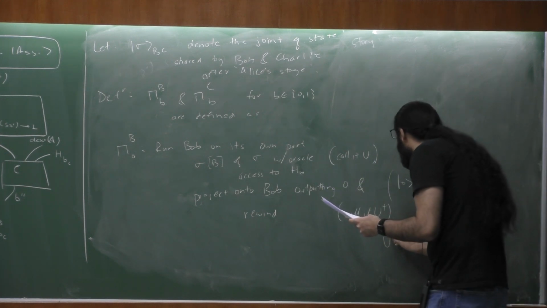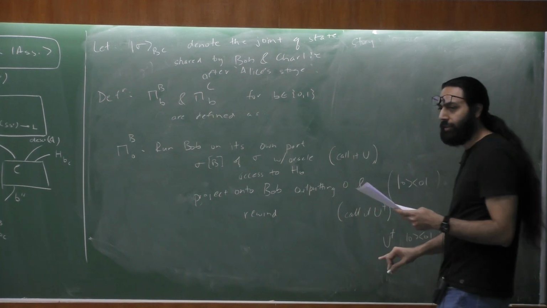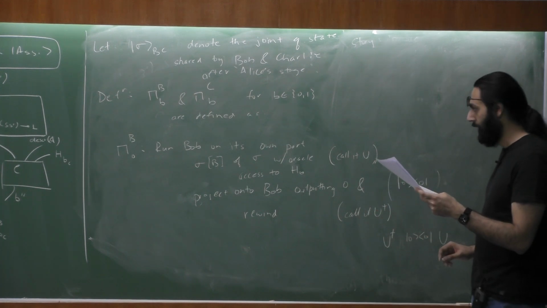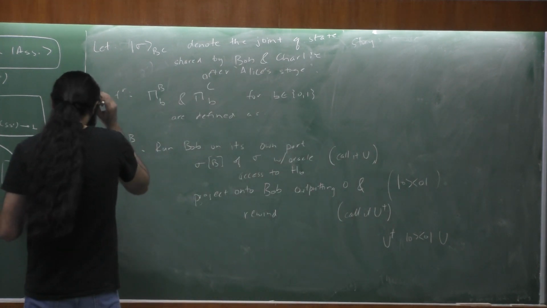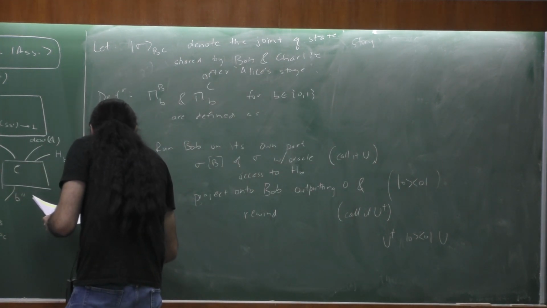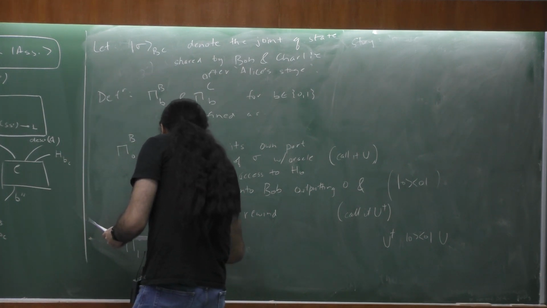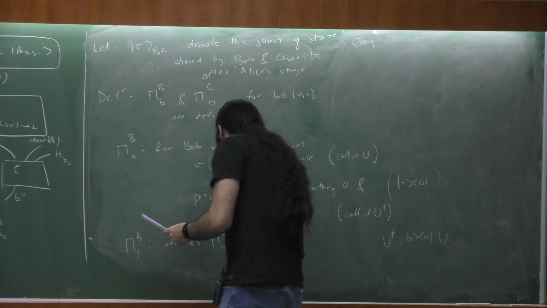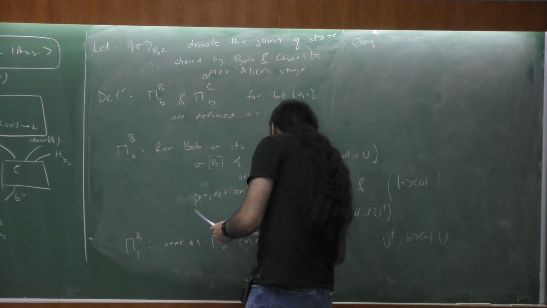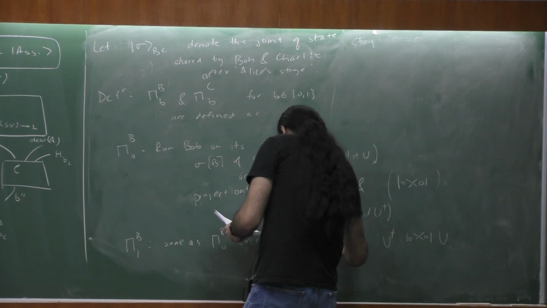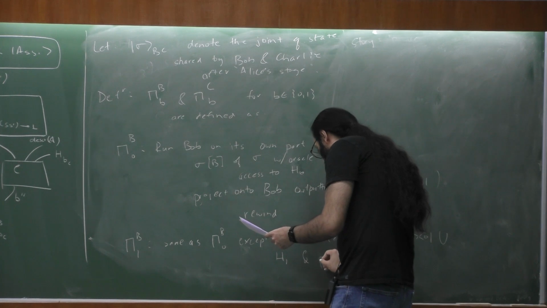So the entire procedure is this: you apply U, you apply the projector, and then you apply U dagger. So that's what pi 0b is. And pi 1b is the same as pi 0b, except oracle access to h1 and project on 1.